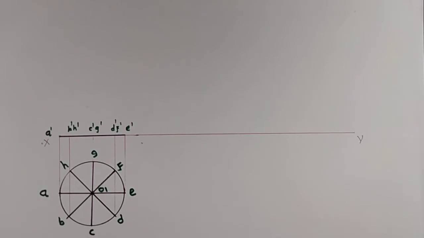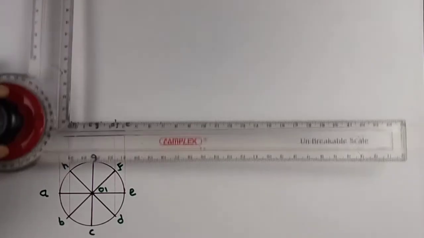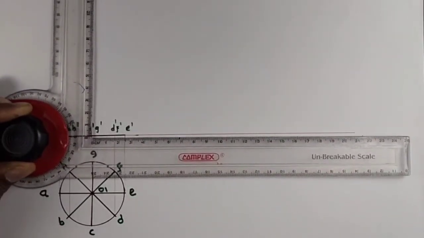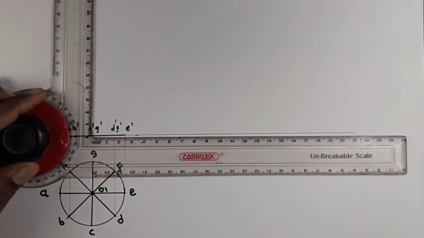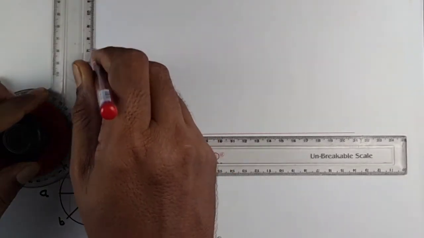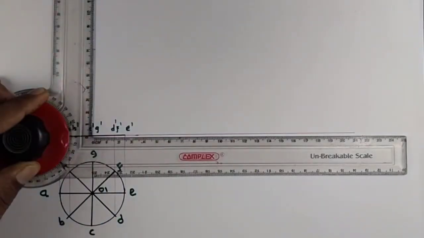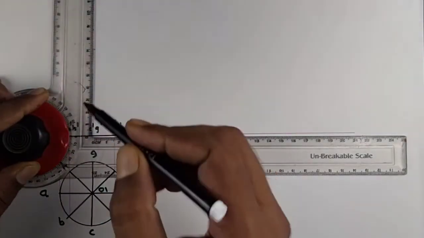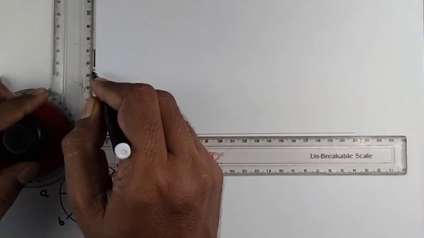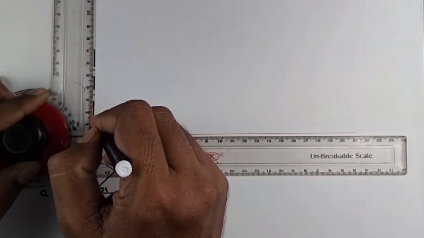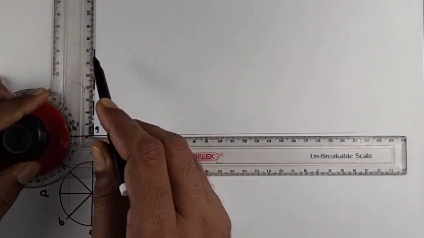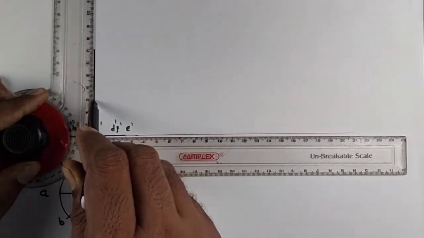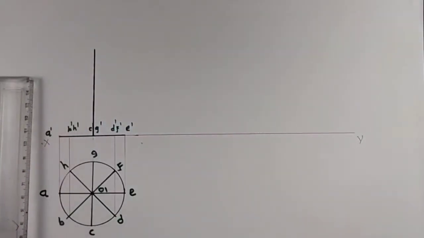The height of the cone is given as 70 mm. So we first mark the axis at 70 mm height. The axis is always shown as a dotted line, but C dash G dash appears on the same axis, so the axis looks like a dark line.